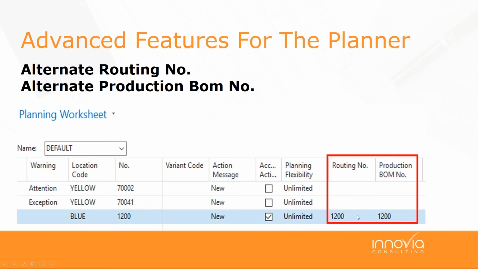I don't see BOMs changed a whole lot, although some companies do, but the routing might be. This might be a line, and I'm the planner, and when I launch this, we were going to run it using this routing, but I'm going to run it on a smaller line, so I'm changing the routing number to 1201, for instance. I can do it right on the planning worksheet before I create the production order.